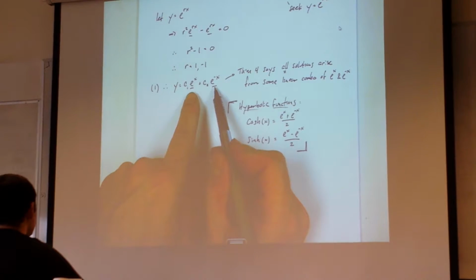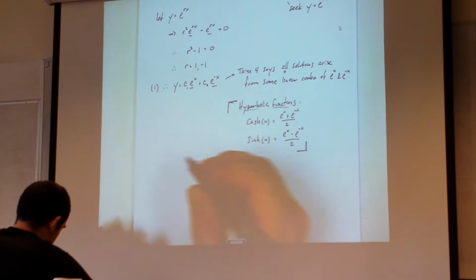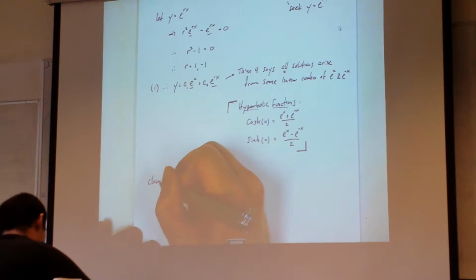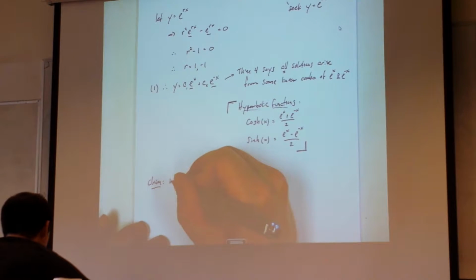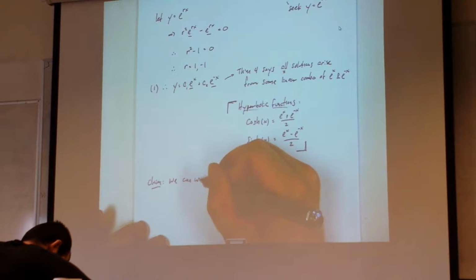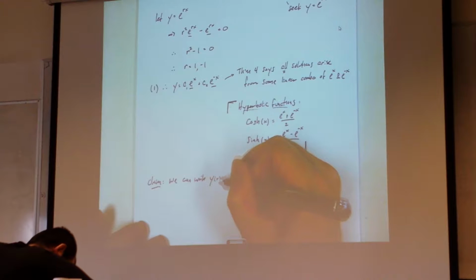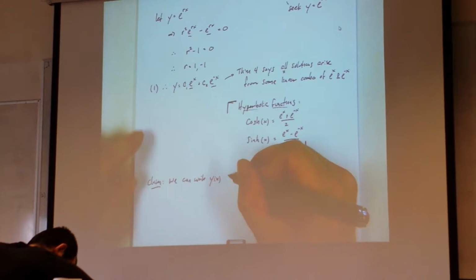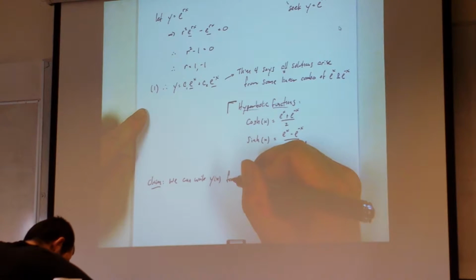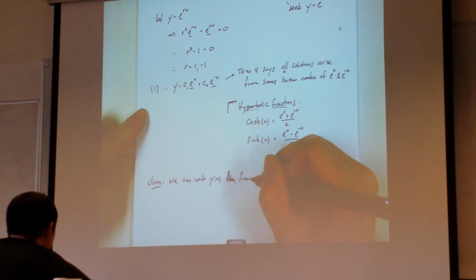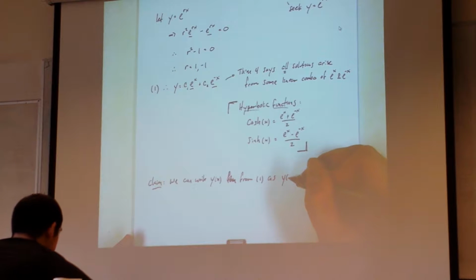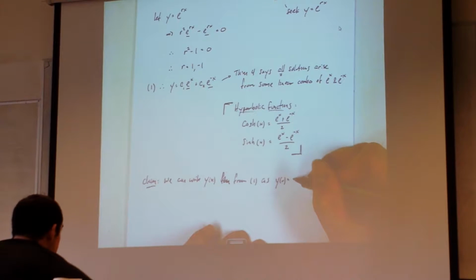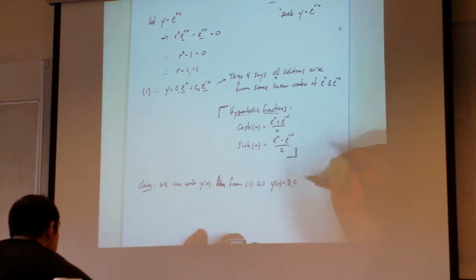All right. So the claim is that all these are solutions, but another claim is that we can write y of x, up here, of equation 1, as a linear combination of these hyperbolic functions.